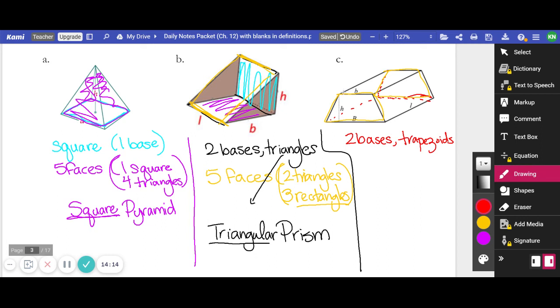There's a set of rectangles joining the tops of the trapezoids, the left of the trapezoids, the right of the trapezoids, and the bottom of the trapezoids. So there'd be 4 rectangles, plus the 2 bases. So there'd be 6 faces. 2 are trapezoids, and 4 are rectangles.